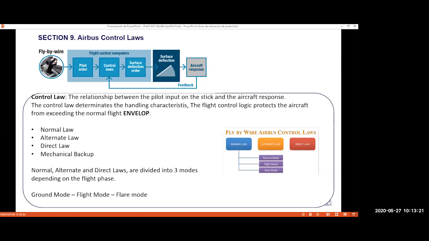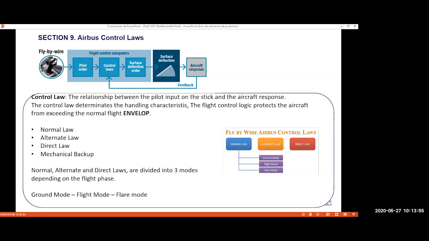We can divide these control laws into three main parts: normal law, alternate law, and direct law. And all of these laws have three submodes: ground mode, flight mode, and flare mode.